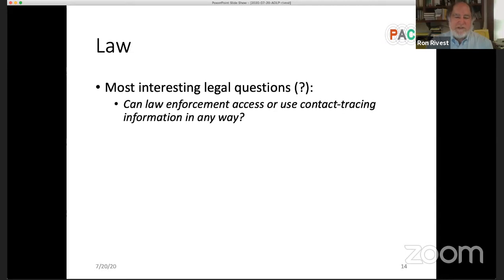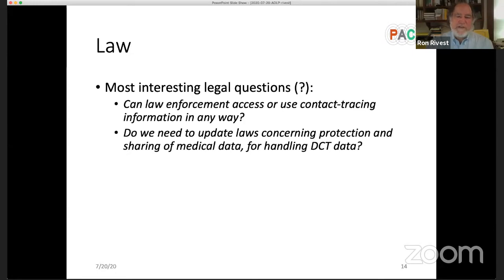It's the same kind of information, more or less, but I think one needs to look at the details. And do we need to update the laws in any way concerning protection and sharing of medical data for handling digital contact tracing data? There is this public database where these chirps get stored, so what needs to be the law regarding those, for example.